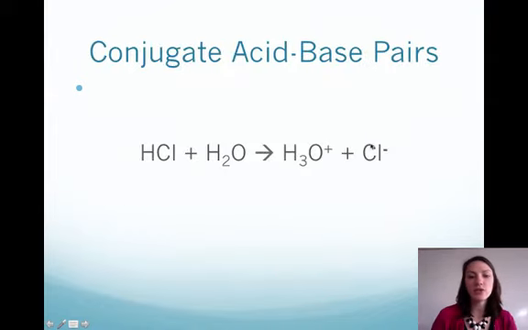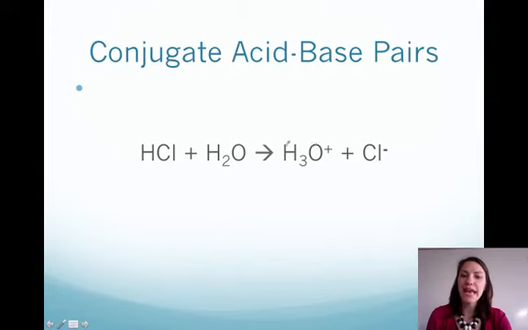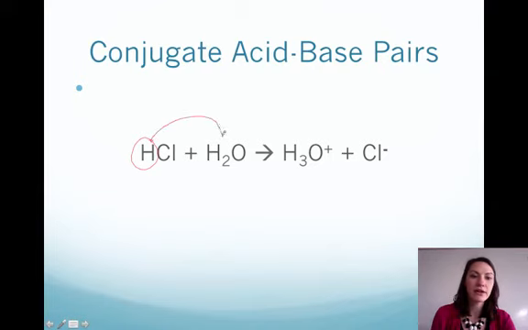If you look at this equation, what you should be able to notice is, if you look at the reactants, you've got HCl and H2O, and then it produces H3O plus and Cl minus. So what's actually happening is this H is traveling from here to here. This donates the proton, so it's the acid, so we're going to label that.